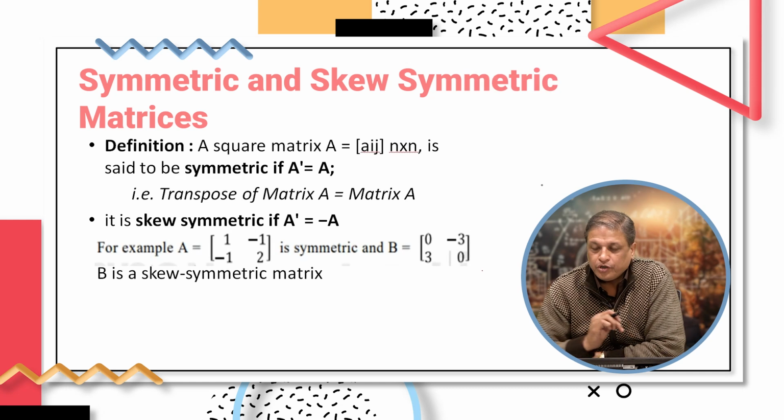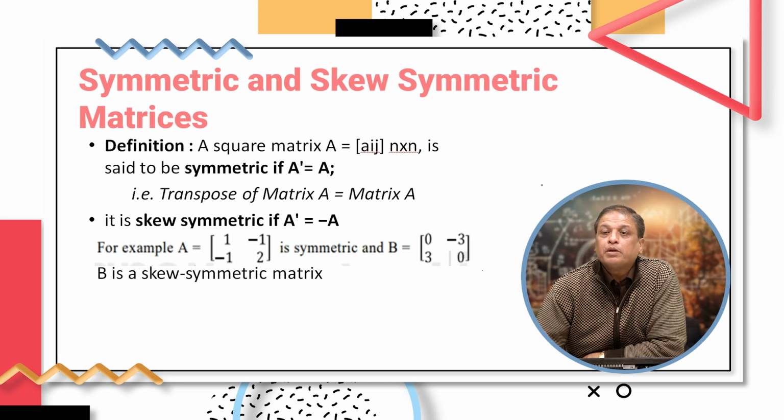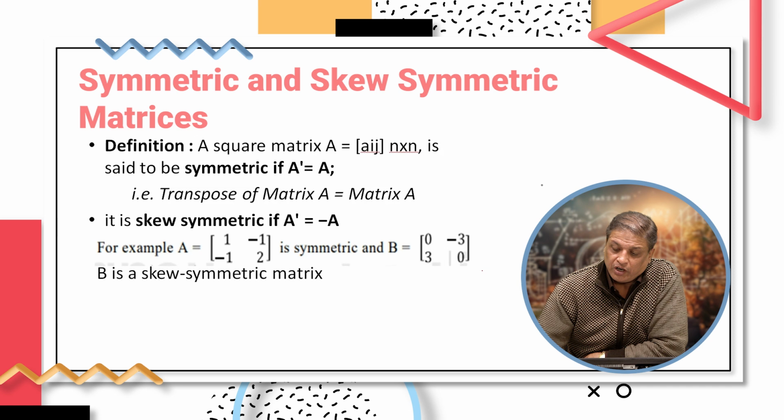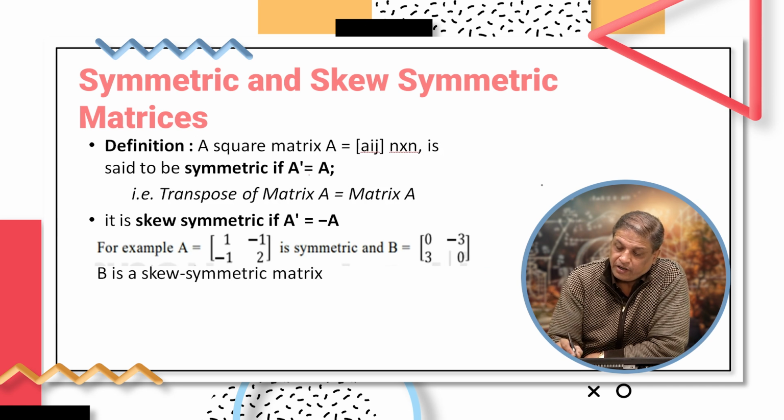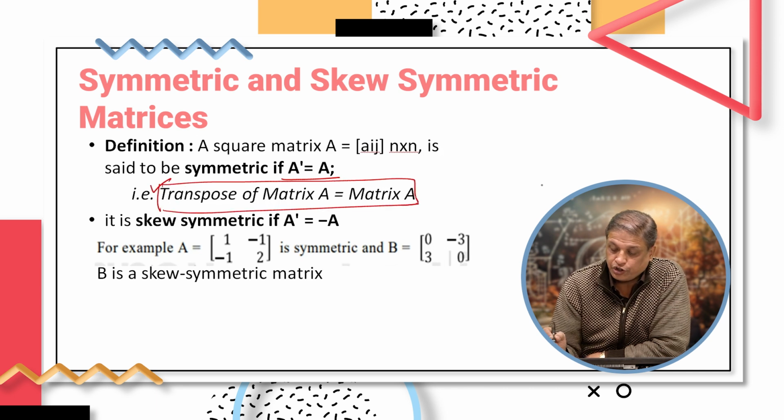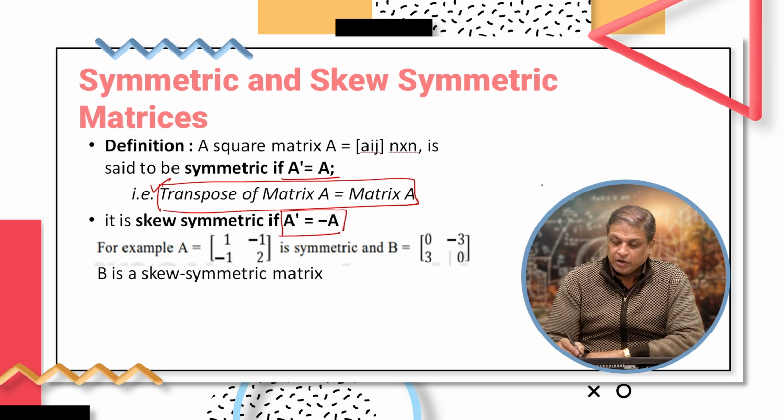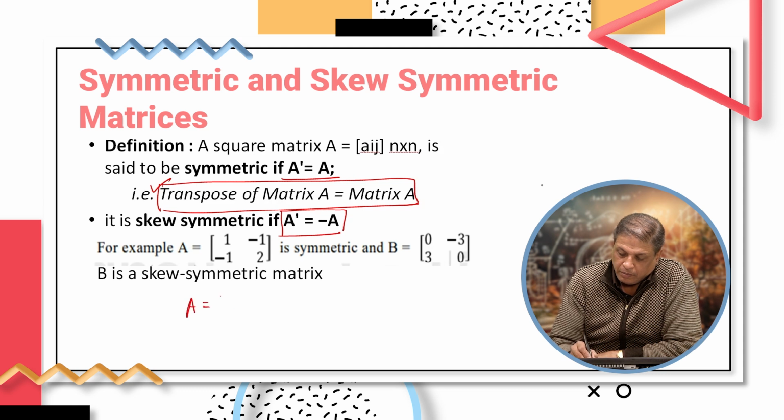Now we are going to move to another important concept, that is symmetric and skew symmetric matrices. The symmetric matrices are those matrices wherein the transpose of A is equal to the matrix A itself. This is the fundamental statement to verify whether the matrix is symmetric or not. In case it is a skew symmetric matrix, then the transpose of A is equal to the negative of the matrix A. The given matrix A is 1 minus 1 minus 1 2.